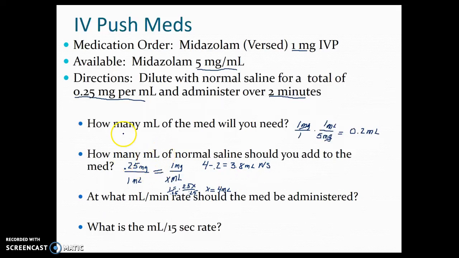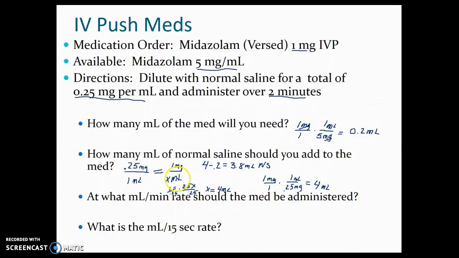Now, I could have set up this problem using the dimensional analysis as well, and so let me show you that. We have an order of 1 milligram, and we have a strength of 0.25 milligrams per mL. So if I do this math, I have the answer of 4 mLs again.